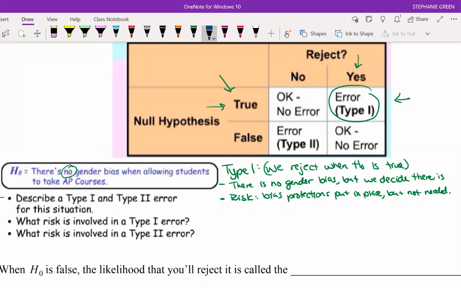Type 2 error would be here, meaning we don't reject the null hypothesis, but we should have. So we fail to reject a false H naught.